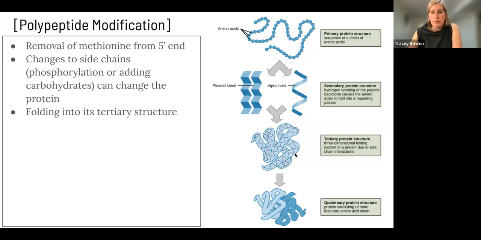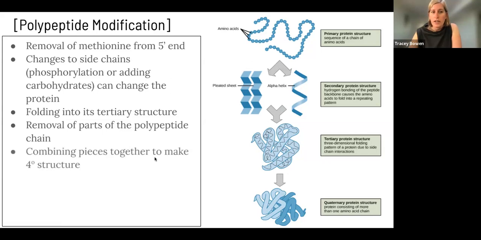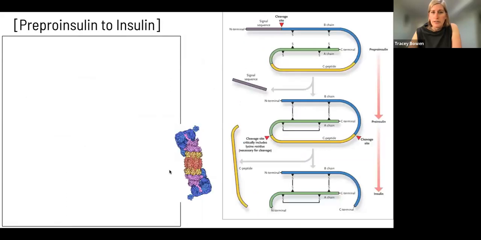Disulfide bridges are an example of covalent bonding, and hydrogen bonding causes this coiling to happen. There could be parts of the polypeptide chain that are removed. And then also different polypeptides could be combined together to make a quaternary structure. That 4-0 means quaternary. And hemoglobin is an example of a quaternary structure in action.